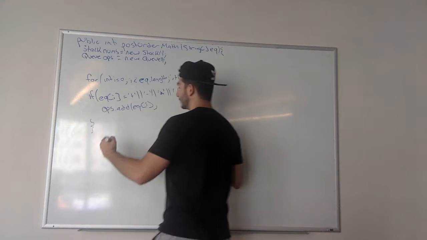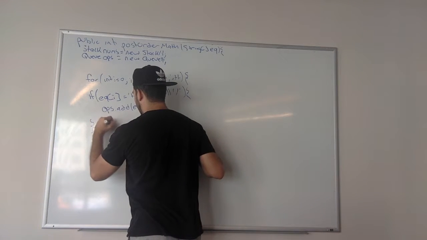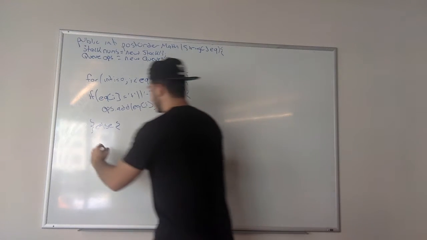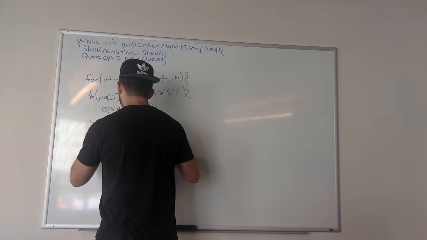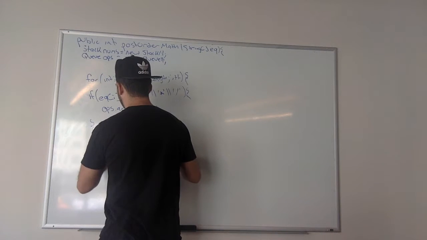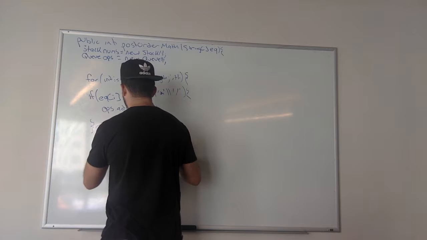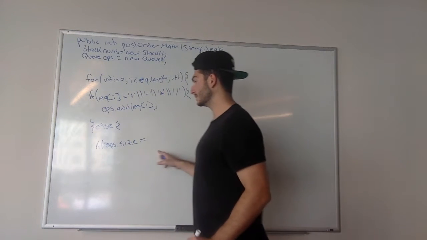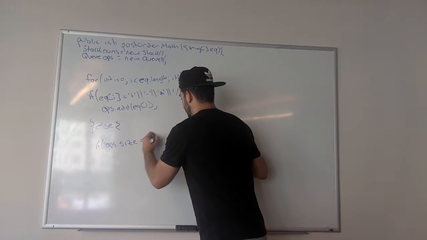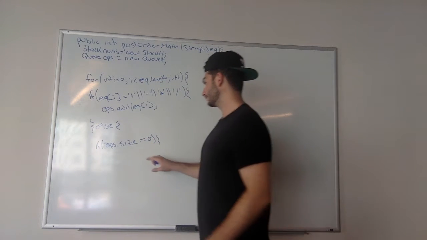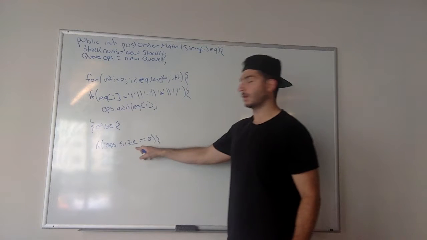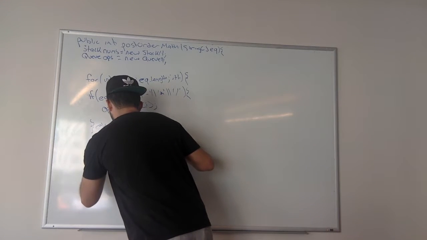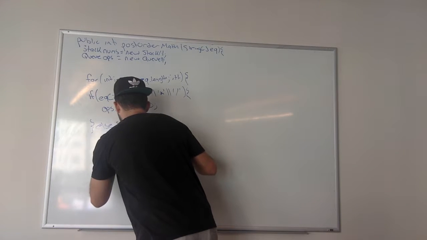Now if it's not an operator, we're dealing with an integer. So in this else statement, I want to check if our queue ops is empty. I'm going to check if our queue is empty, and if it is, I'm just going to push the integer onto the nums stack.